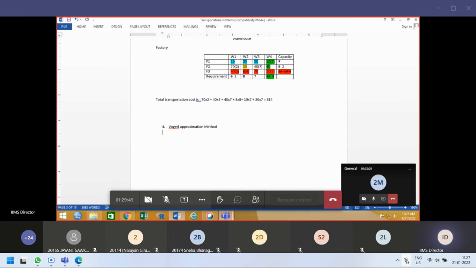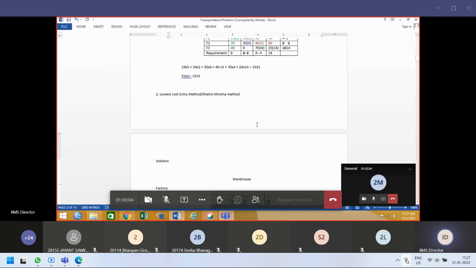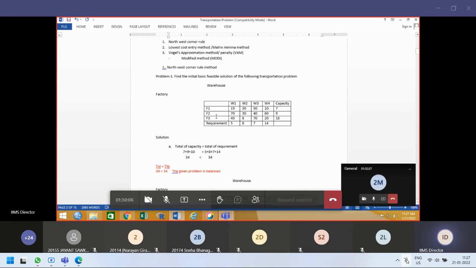Come on, note down the problem. This is actually the third method. Vogel's approximation method, or it is also called the penalty method. Chalo, come on, copy the problem. Note down the problem fast.